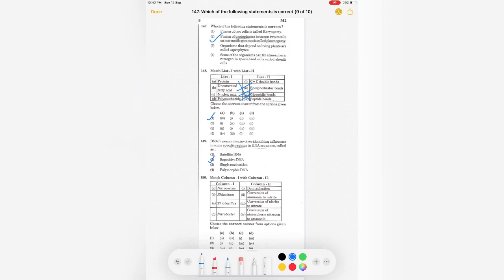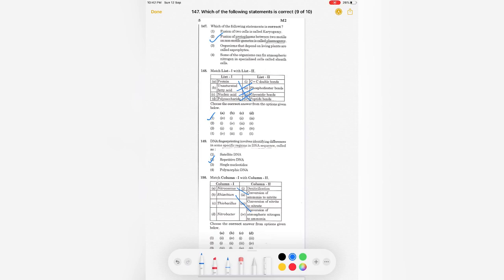Question number 150. Nitrococcus is responsible for converting ammonia to nitrite. During nitrification, the first step is conversion of ammonia to nitrite. That step is facilitated by the bacteria Nitrococcus. Second one, Rhizobium. Rhizobium can fix atmospheric nitrogen, so it can convert atmospheric nitrogen to ammonia.